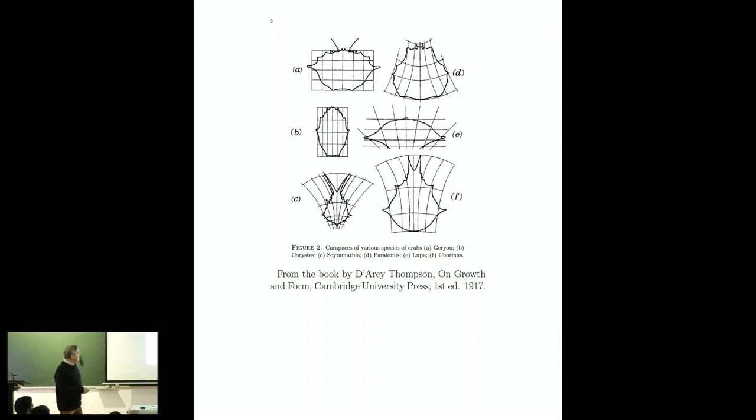So these are shells of crabs, shells of different crabs. All of them have names, usually Latin names. They are written here in small characters, but you don't need to read them. So all of them are crabs.